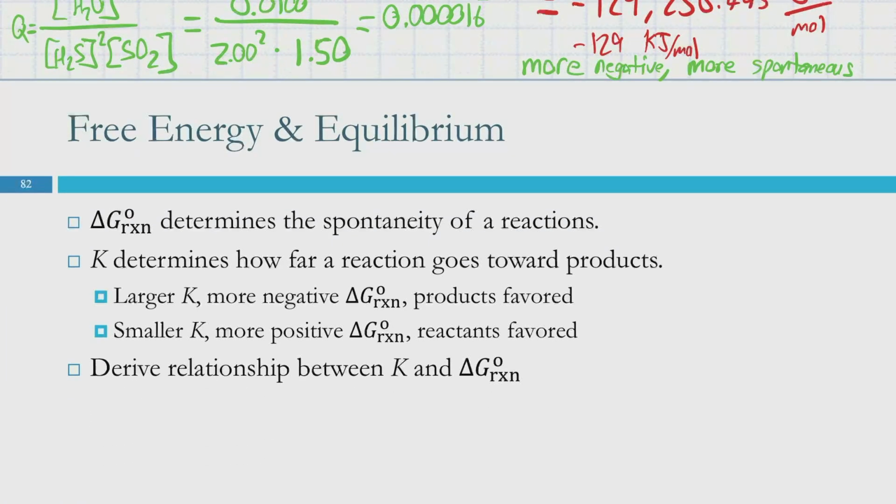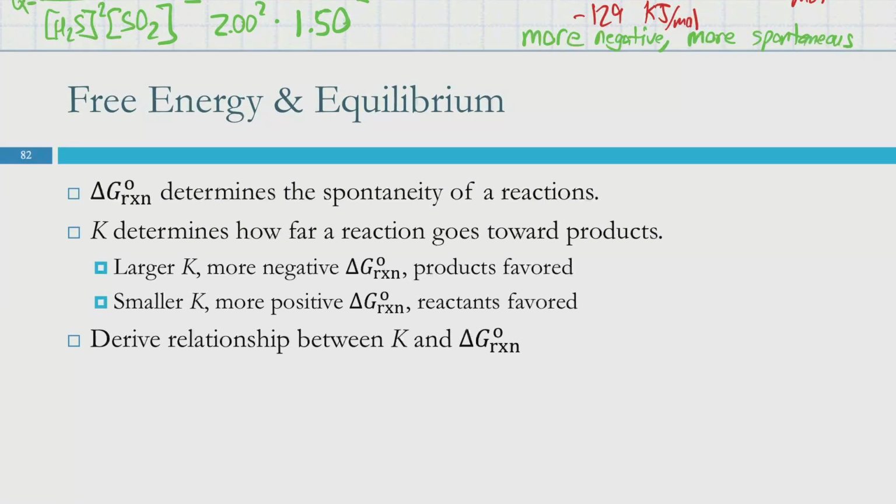So the relationship between free energy and equilibrium: delta G of the reaction determines the spontaneity of a reaction.